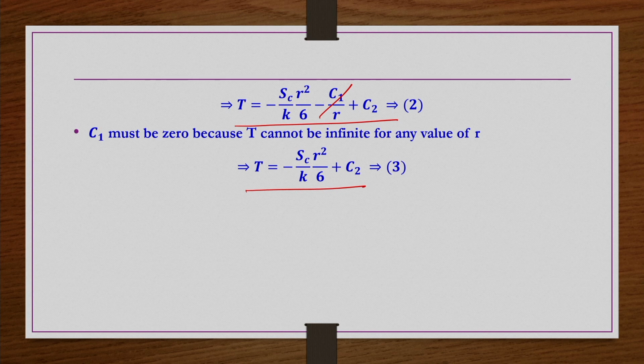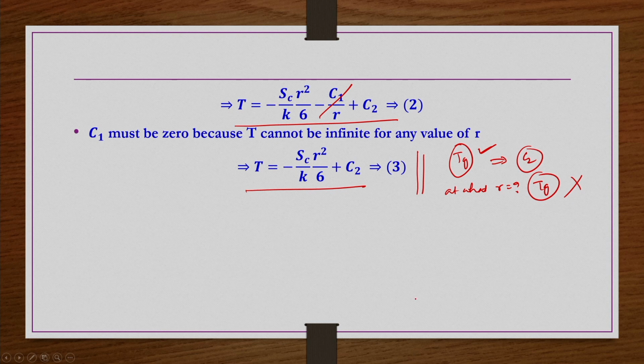You may be thinking again that we have only one Tg value, so we can find out this C2. But that is also not possible here. Why is it not possible? Tg is known, but at what R value this Tg is there, that we do not know.